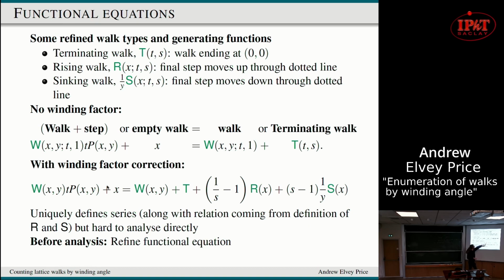This factor comes in because the walks aren't allowed to go to 0, 0. And on your left hand side, there are no walks which take steps from the origin. No, because W is only counting walks that don't touch the origin. So walks that might touch the origin are counted by this plus this.